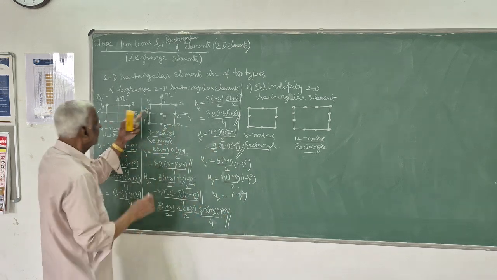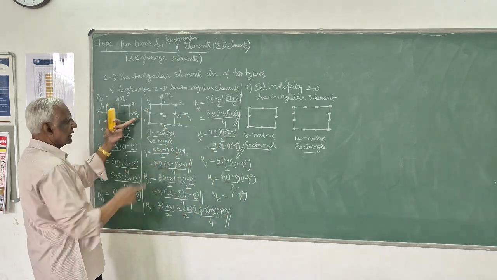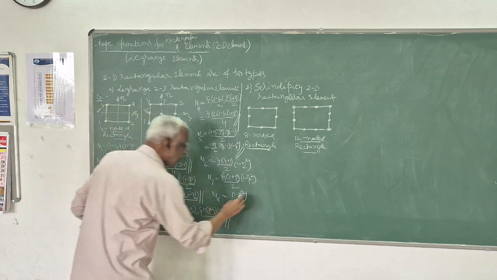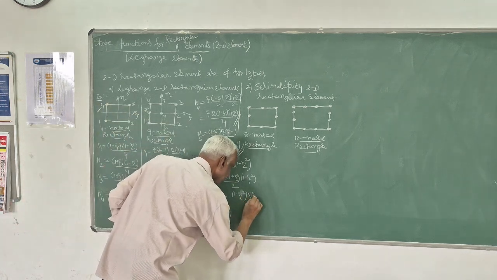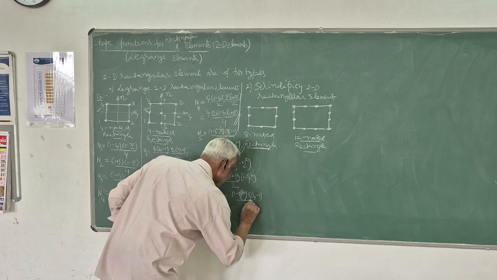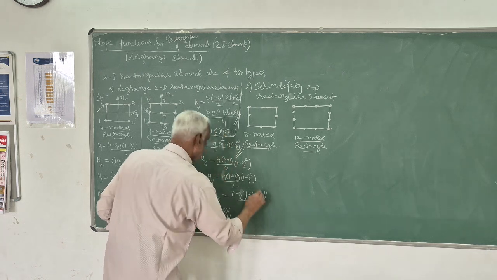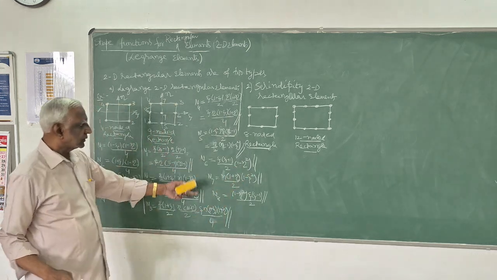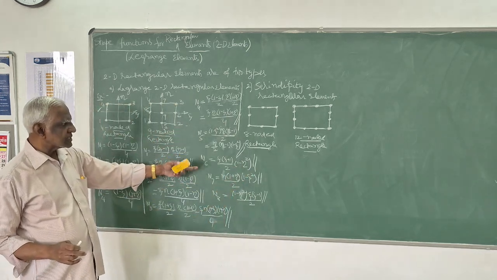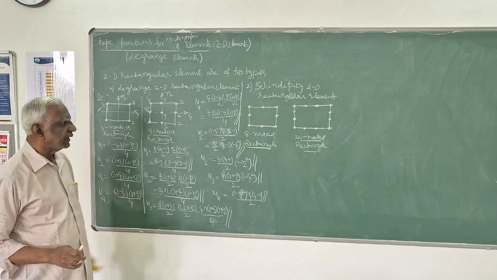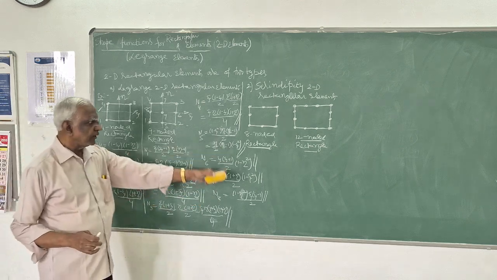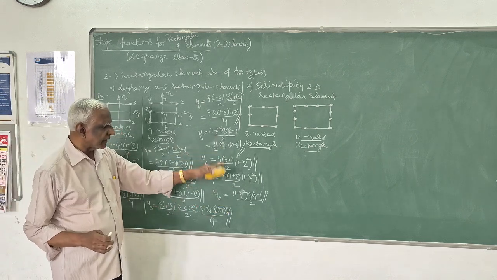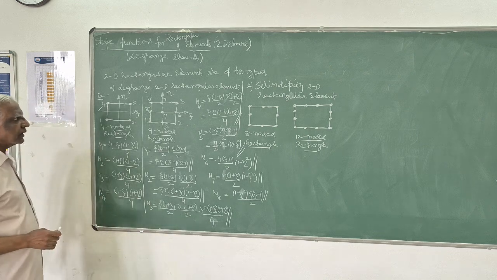In the psi direction it is the first node, that is psi into (psi minus 1) by 2. So these are the shape functions for the middle nodes N5, N6, N7 and N8. In every case you will find the similarity, so try to remember it.